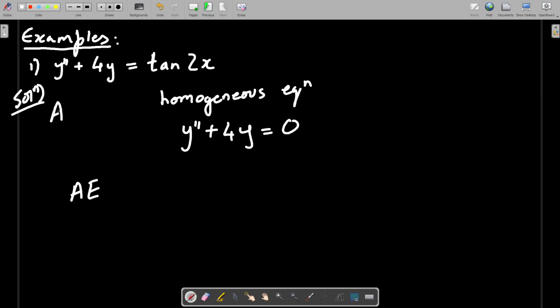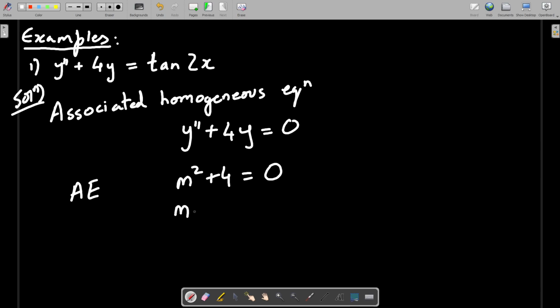Auxiliary is this other one. Okay, just change that name. So the auxiliary equation is going to be m square plus 4 is equal to 0.